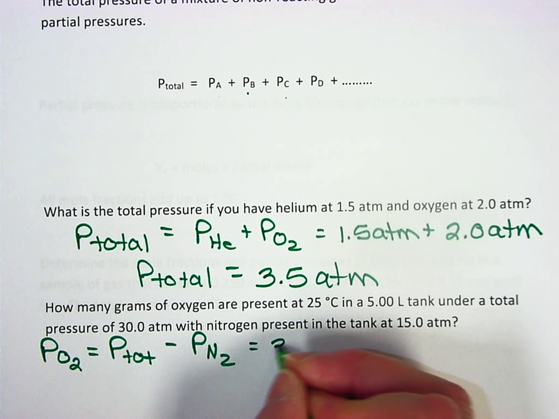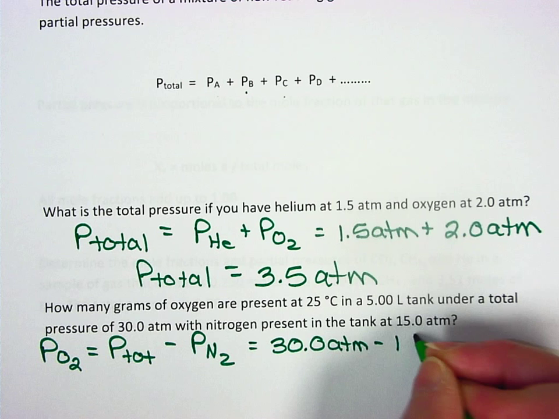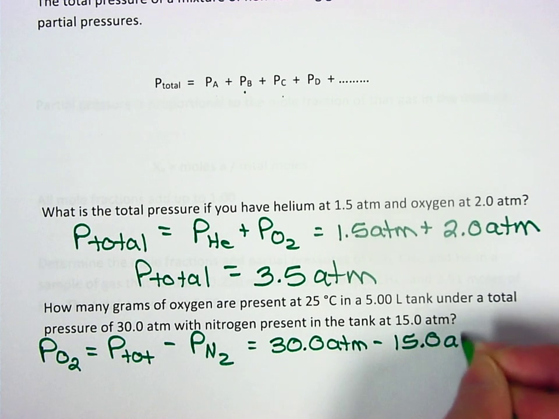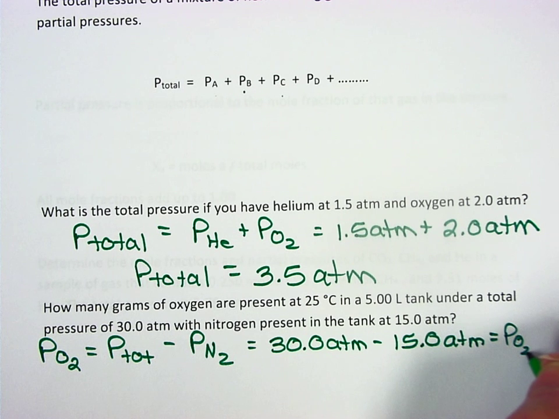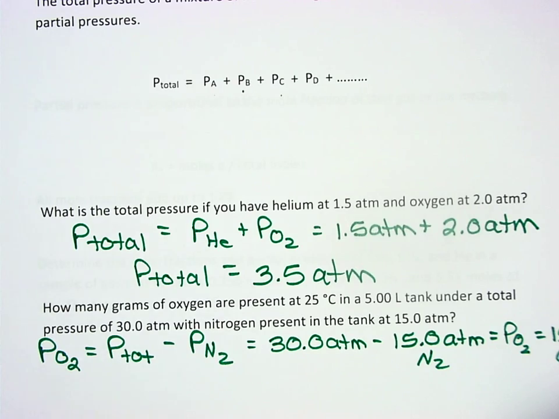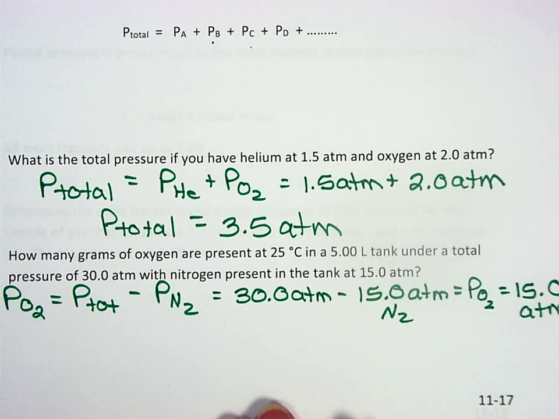So that's equal to the total pressure, 30 atmospheres, minus the nitrogen's pressure, 15 atmospheres, which is equal to the pressure of the oxygen, which is also 15 atmospheres. So now I use Dalton's law, and now I'm going to go do something else with that.